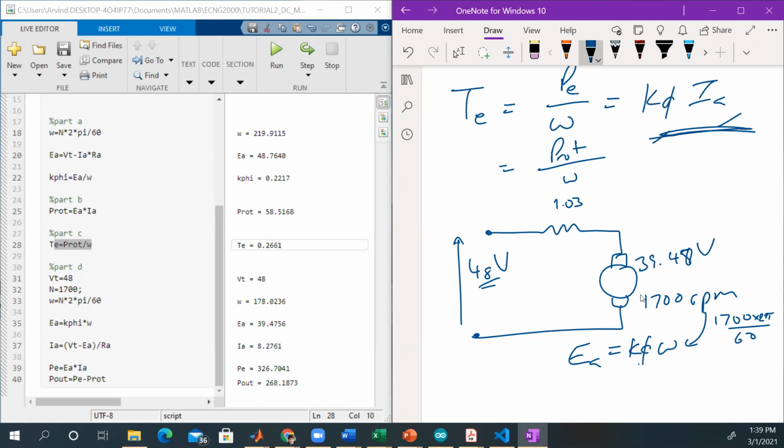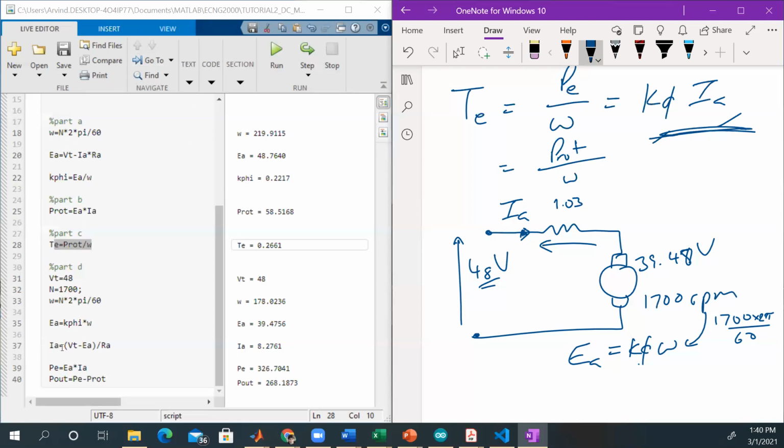So 39.48 volts, and I could now calculate what my input current is. So I have 48 volts here, 39 volts there. So I could calculate my IA, which is just the difference in voltages over the resistance. So we'll see that here. IA, if I could find my cursor.